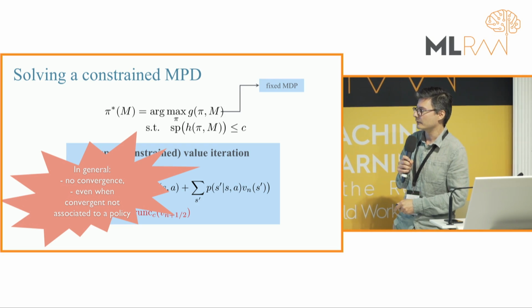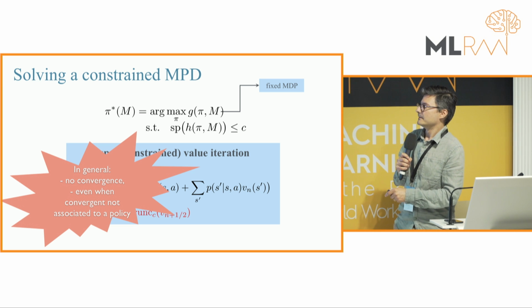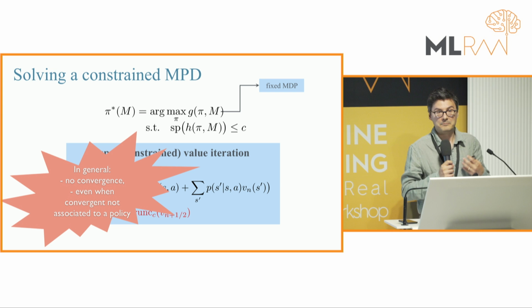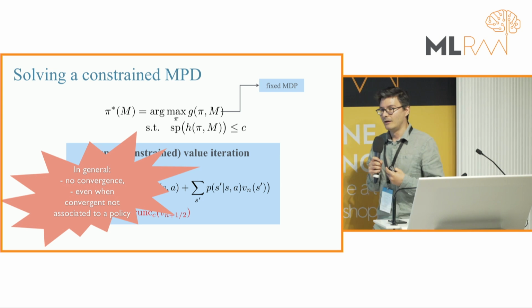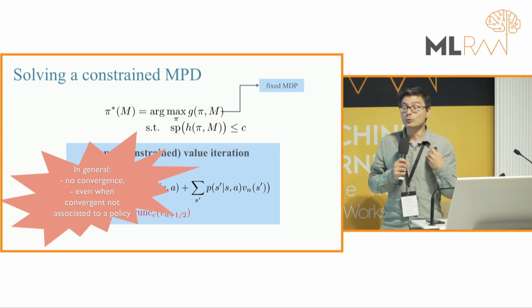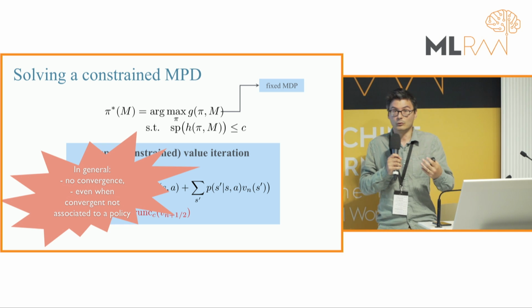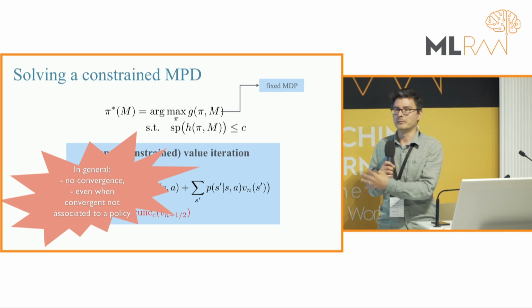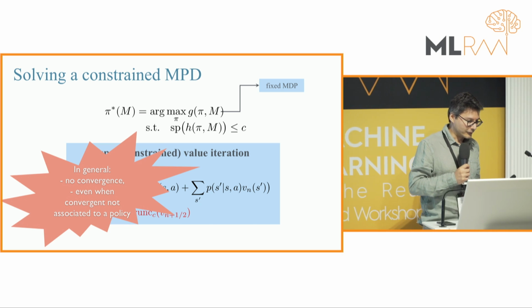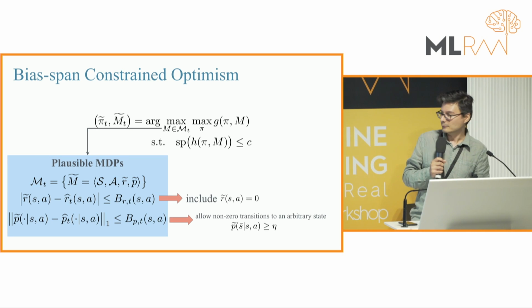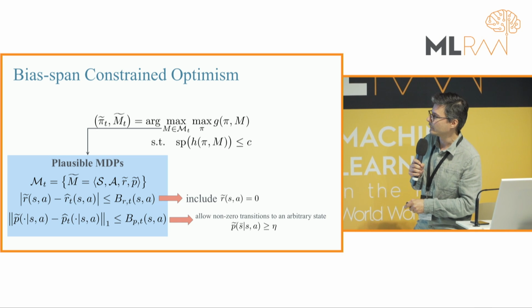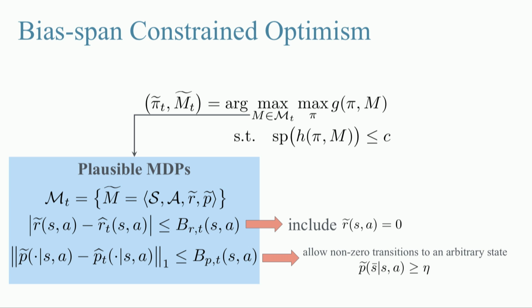And once we cannot rely on this iterative algorithm, it seems very tricky to approach our problem, because it might end up requiring enumerating all possible policies, or even worse, enumerating all possible plausible MDPs. So this seems like very bad news. Fortunately for us, it's not as bad as it looks, in the sense that if we look back at our problem, here we have this maximum over plausible MDPs.